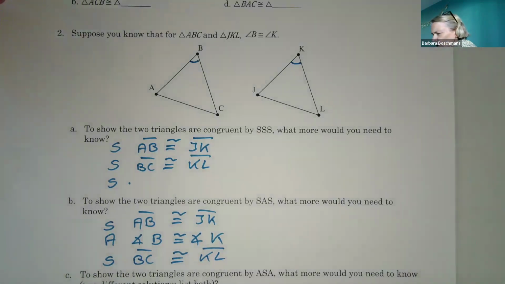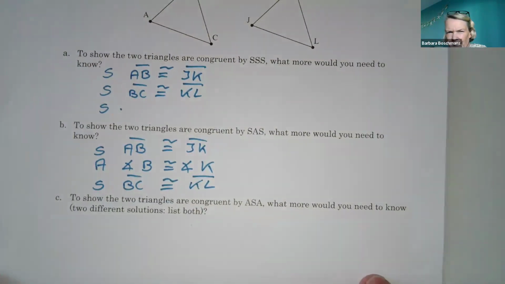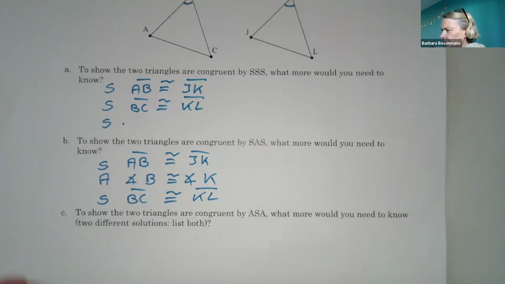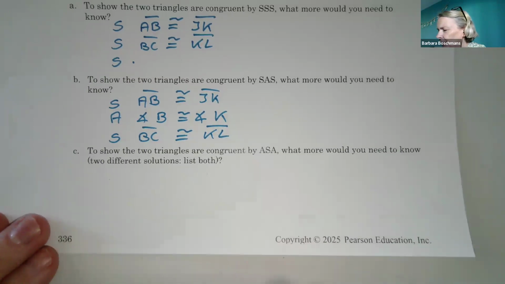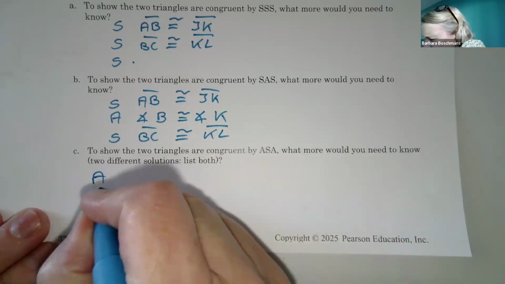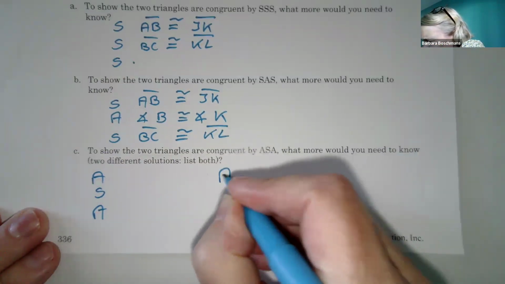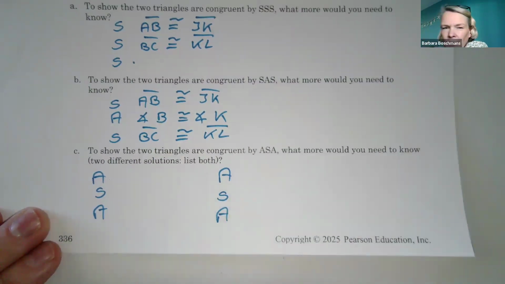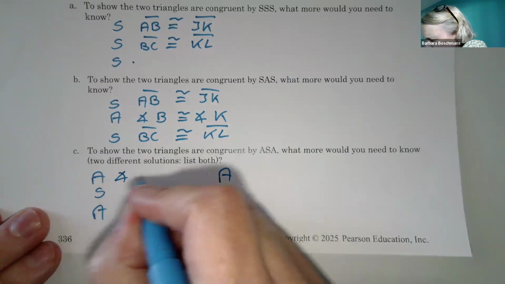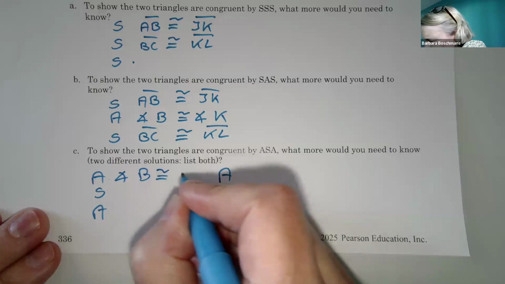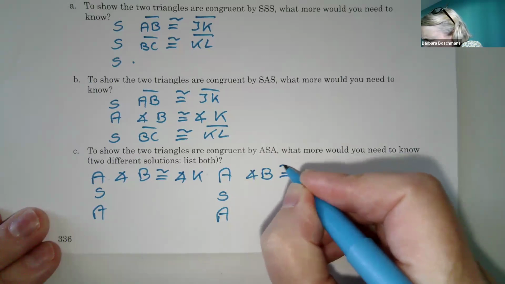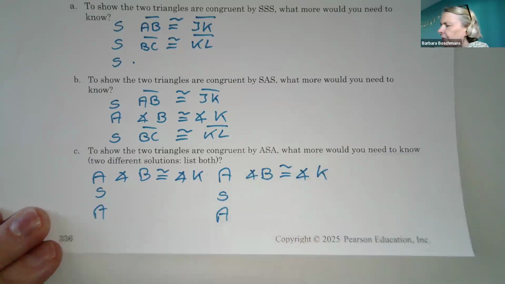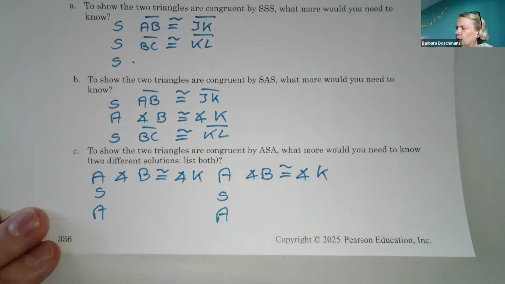To show that the two triangles are congruent by angle, side, angle, there are two different solutions for this one. So we know angle B, that's given, is congruent to angle K. I have a choice to go to the left side or the right side.